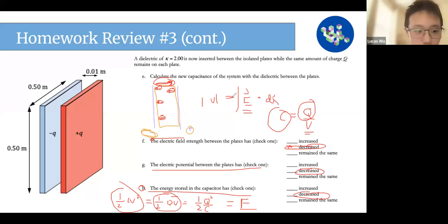Okay, so that was a pretty long problem, so it might have been a bit hard to understand, but just remember to go over it because it's a really comprehensive review of capacitors, and I believe this is a past AP problem. So if you want to be really prepared for the AP exam, I highly recommend doing this problem again on your own.